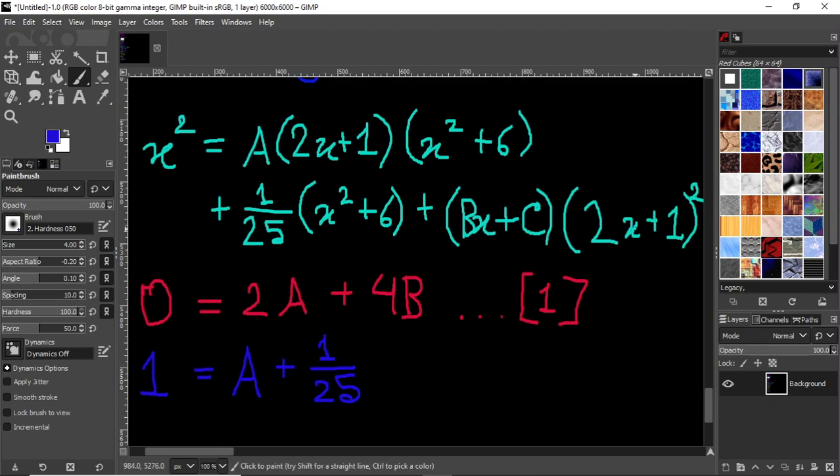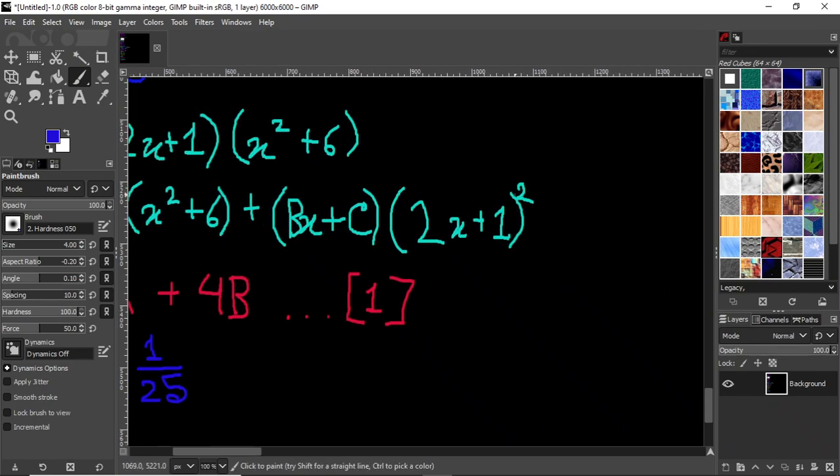Okay, and here what we'd have is, you know what, let's expand this a bit. So this here would be 4x squared plus 4x plus 1.